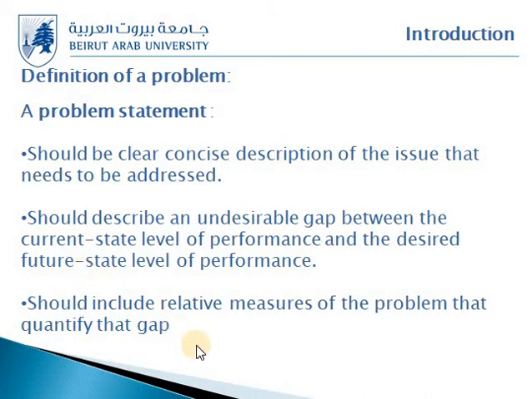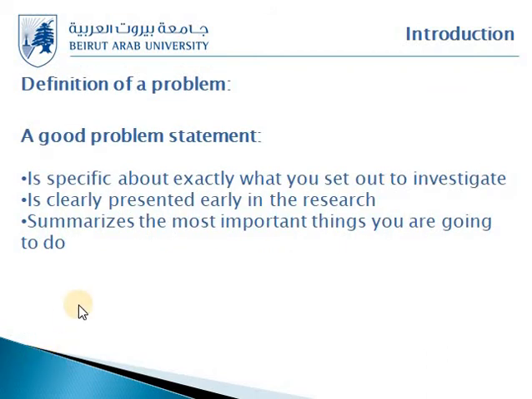It should also include some measures of the problem that quantify that gap. Now, a good problem statement is specific, what exactly you set out to investigate. It should be clearly presented early in the research, and it should summarize the most important things that you are going to do.